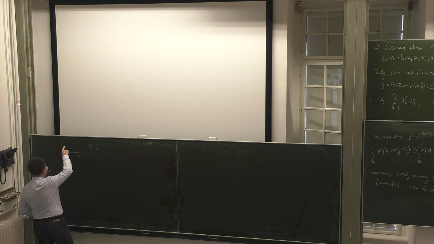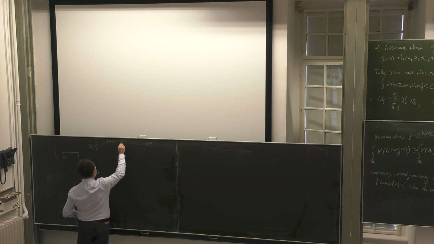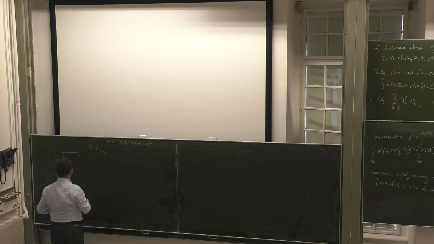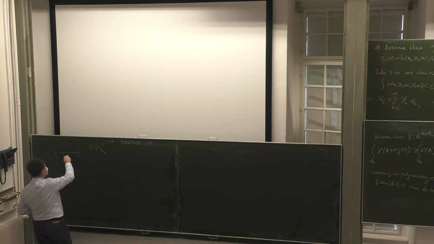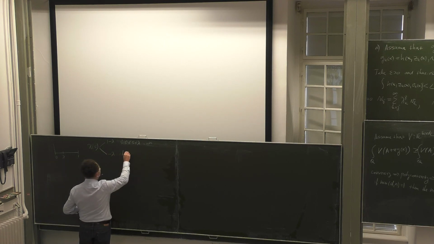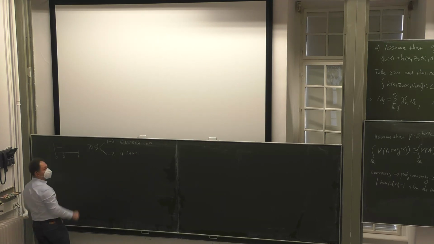It will be 1 minus lambda if s is between 0 and lambda, and minus lambda if s is between lambda and 1. Here 1 minus lambda is something positive because lambda is between 0 and 1, and here I have minus lambda.